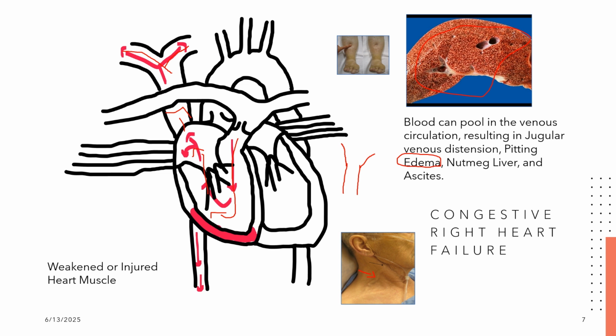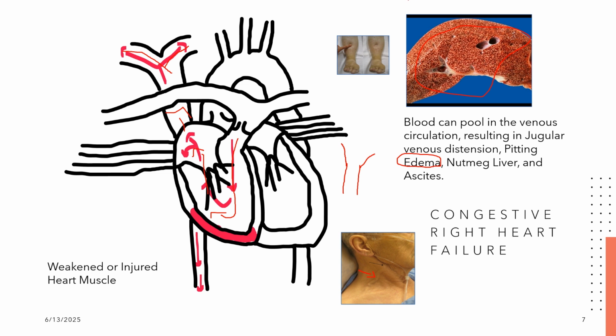This will result in the darker red color of the small hepatic venules compared to the paler liver cells, and that is known as hepatic congestion. It can also cause your liver to swell and become enlarged, meanwhile also reducing liver function.